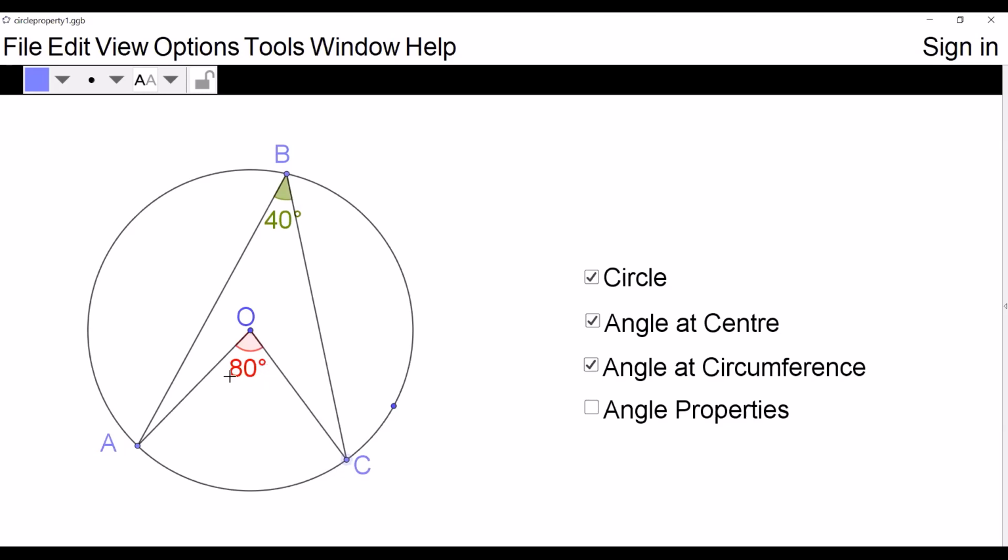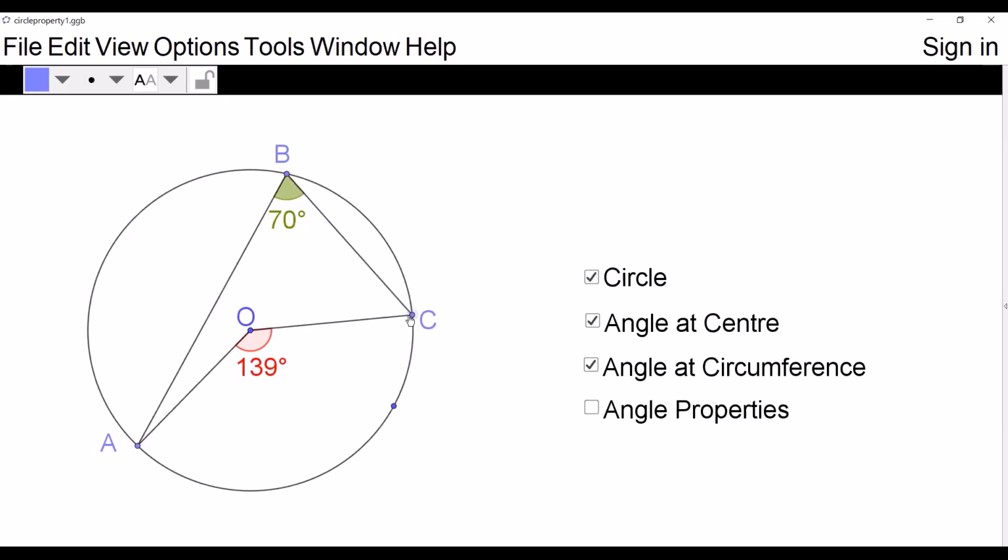If we have angle 80 at the center, then angle at the circumference is 40 degrees. We can have 100 degrees at the center and angle at the circumference is 50. We can stop at 120 at the center and angle at the circumference is 60.